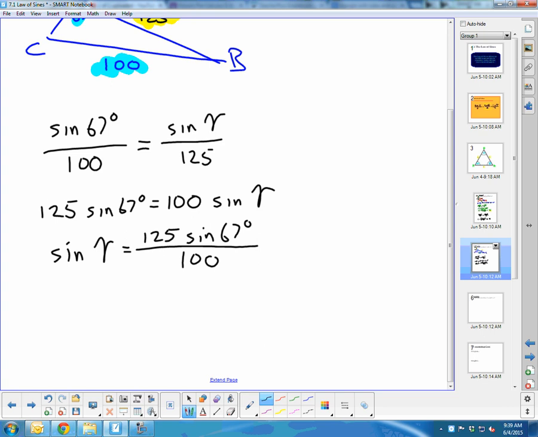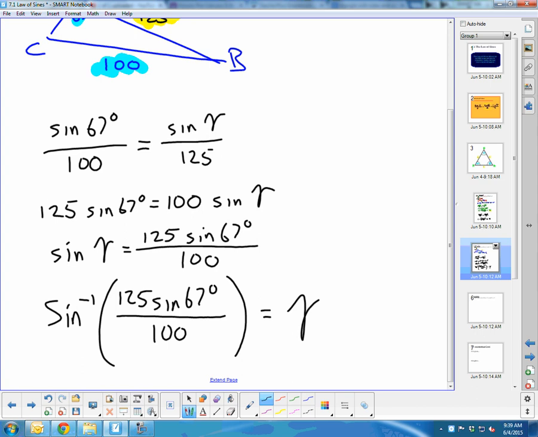I could go ahead and simplify the right side right now and get a decimal approximation, or I could go straight into the inverse trig function. I think I'm going to go to the inverse trig function and leave the right side as is, so I don't have a decimal approximation, but I have an exact value. So I'm going to rewrite this as the inverse sine of 125 sine 67 degrees over 100 equals gamma.